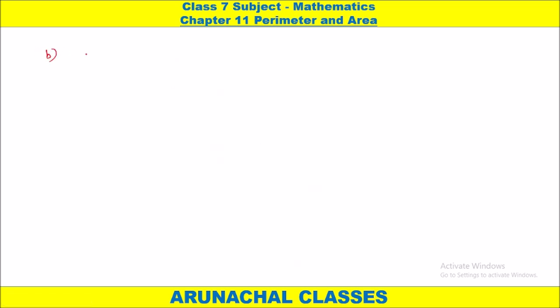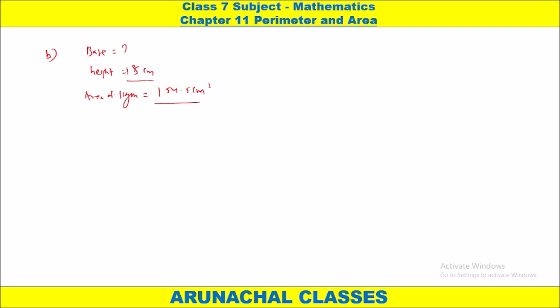Let us have the second one, that is the B part. In the B, base value is not given. Then your height is given here. Height given is 15 centimeter, and area of parallelogram is given as 154.5 centimeter square.